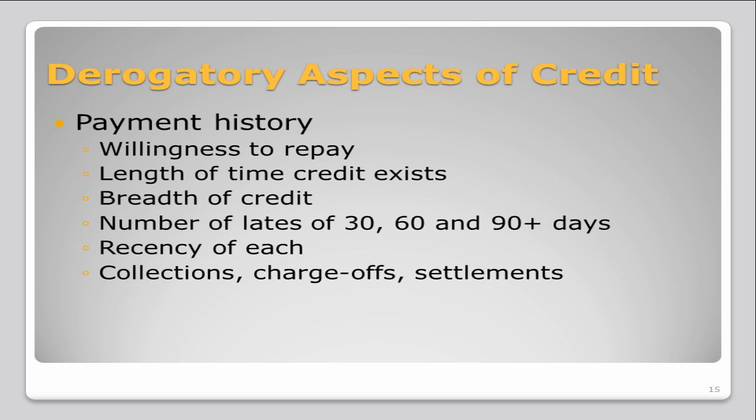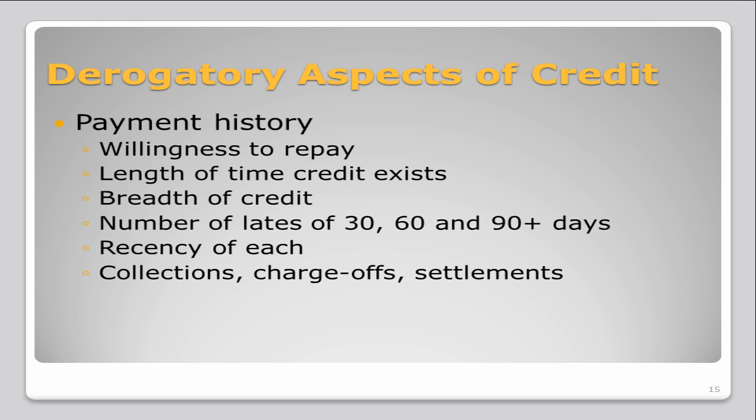But they can then send it to a collection agent, which would be an attorney or just a company that does collections. The difference between a charge-off and a collection is that a charge-off doesn't necessarily expect to ever get repaid. A collection is where somebody is now trying to collect that delinquent or unpaid bill, and they're the ones who get paid, not the company that had the charge-off.